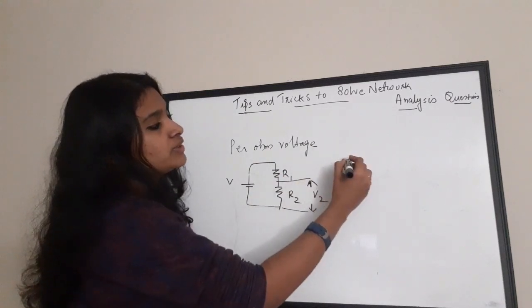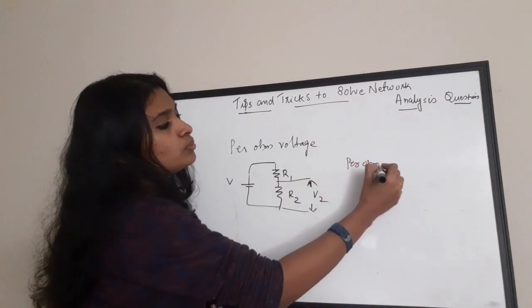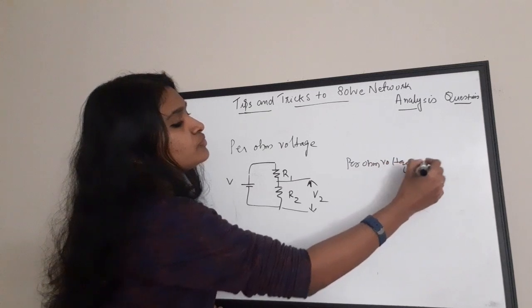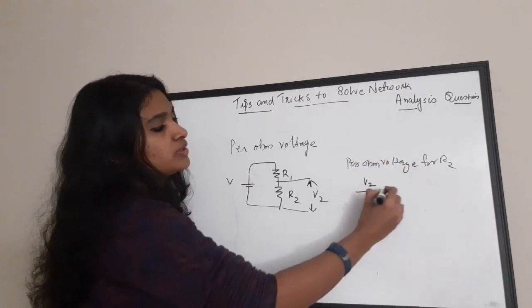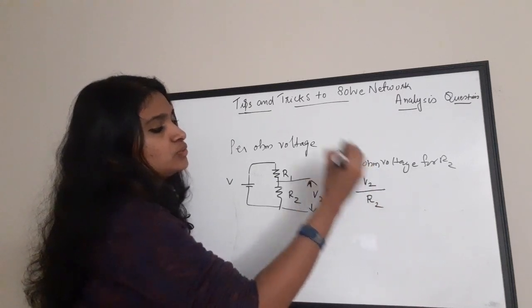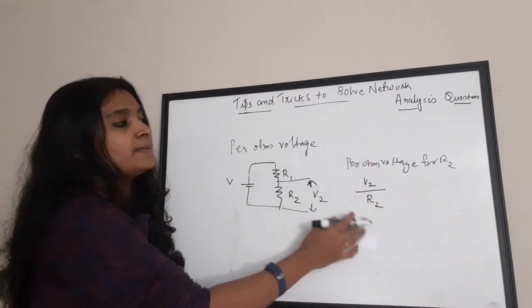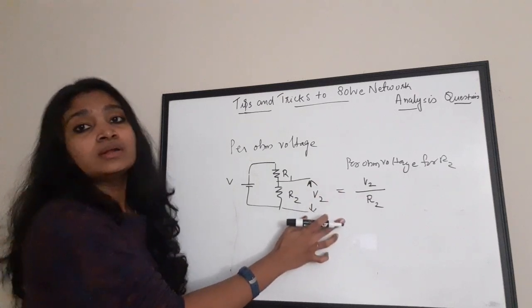So the per ohm voltage for R2 is given by V2, the total voltage, divided by the value of R2, the resistance.